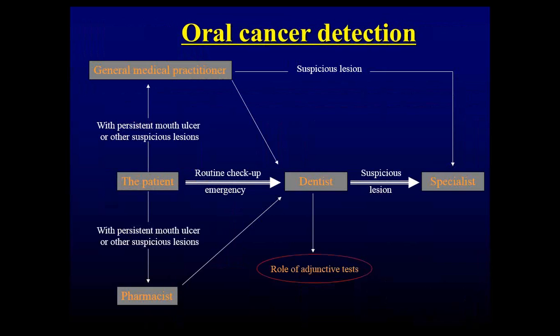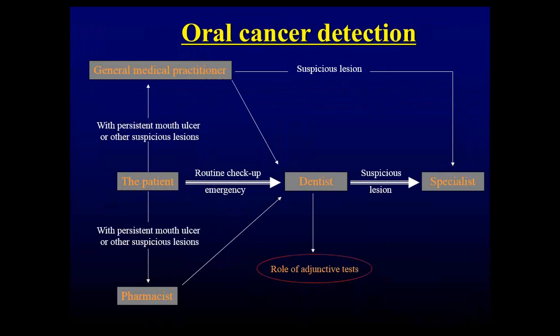But at times, one is not confident enough whether to do a biopsy on a certain lesion or not, or one misses a lesion and therefore won't be able to do a biopsy.